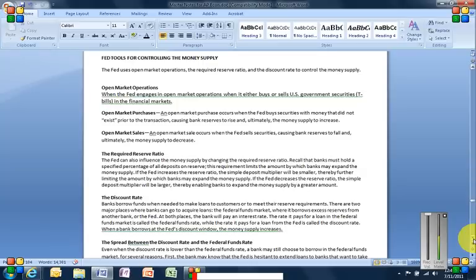So if they have an open market purchase, that means the Fed is buying securities with money that did not quote-unquote exist prior to the transaction. They may have that in their stock, but for most purposes in this class, you need to think of the Fed as not being a part of the banking system. Think of it as the big daddy or the big mama of the banking system.